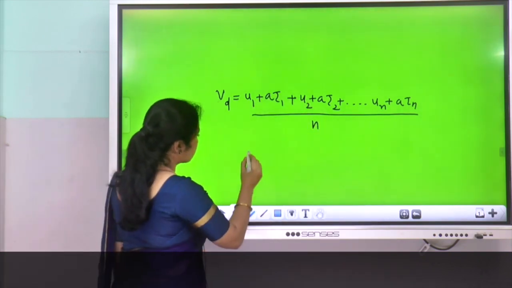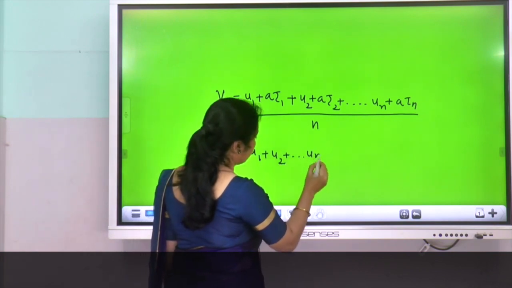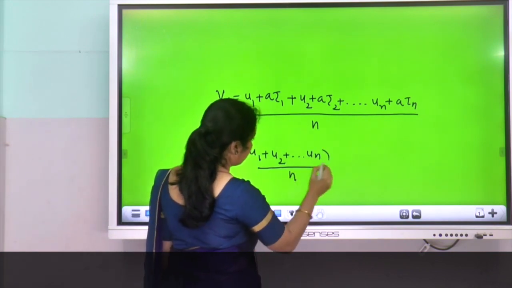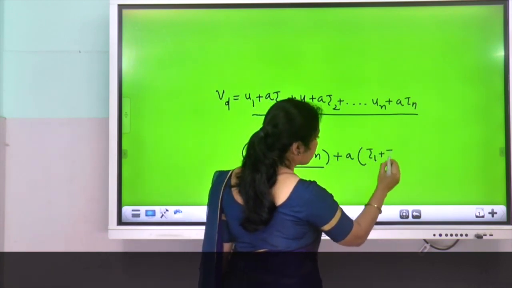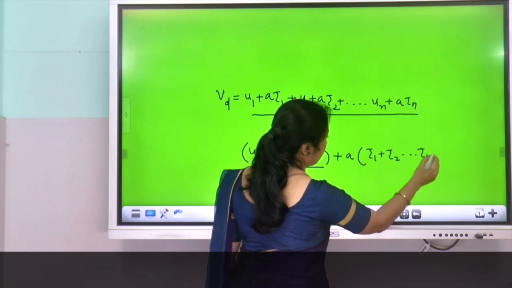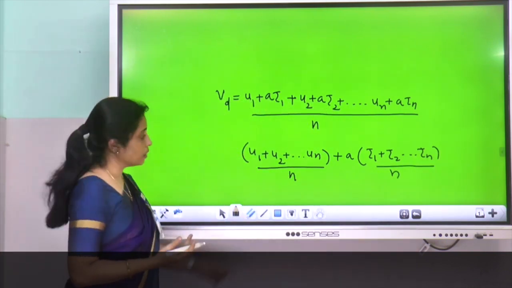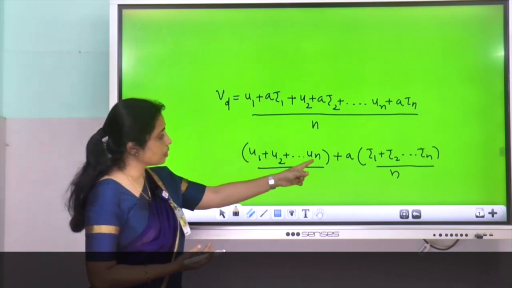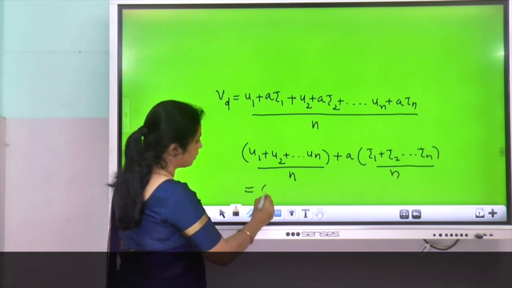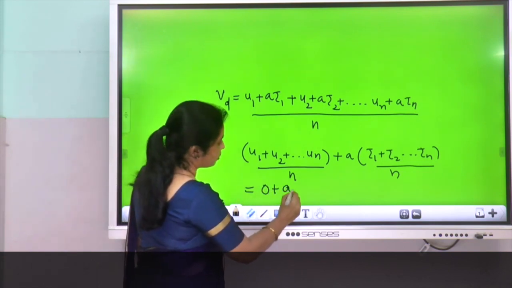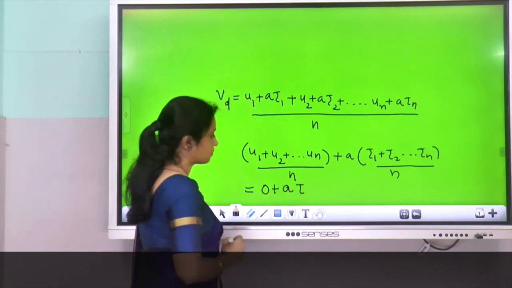You will get it as U1 plus U2 plus, etc., Un divided by n, plus a into tau 1 plus tau 2 plus, etc., tau n by n. We have already seen that U1 plus U2 plus, etc., till Un by n is equal to 0. So, this expression can be written as 0 plus a into tau, where tau represents the average of tau 1 through tau n.